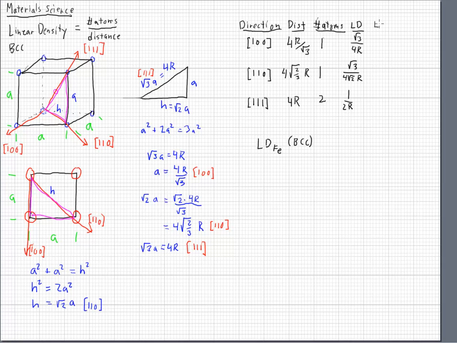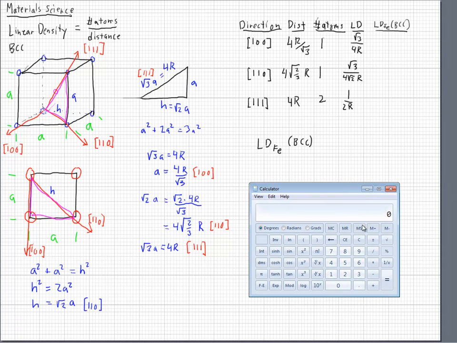So for the linear density of iron, we will pull up our handy dandy calculator, take the square root of 3, divide by 4, we get 0.433.